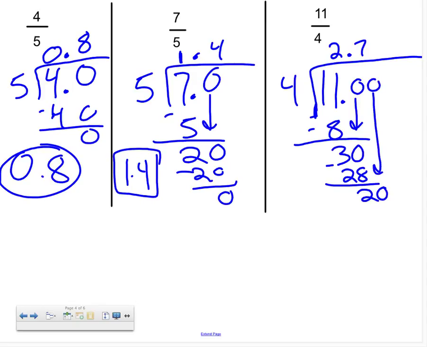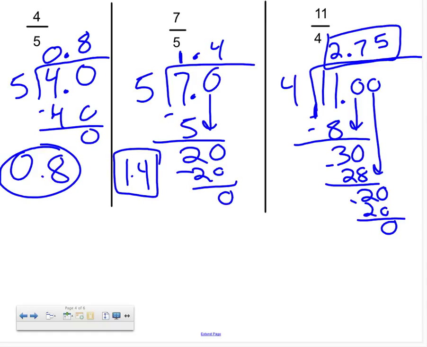And 4 goes into 20 now 5 times. And so we have our decimal number there. So again, it's just repeated division, or really just one division, and you work until you get to your answer.